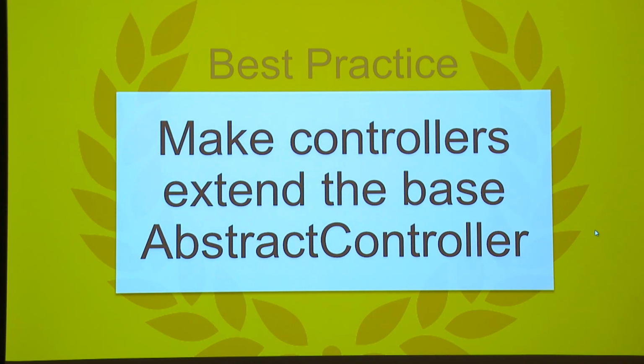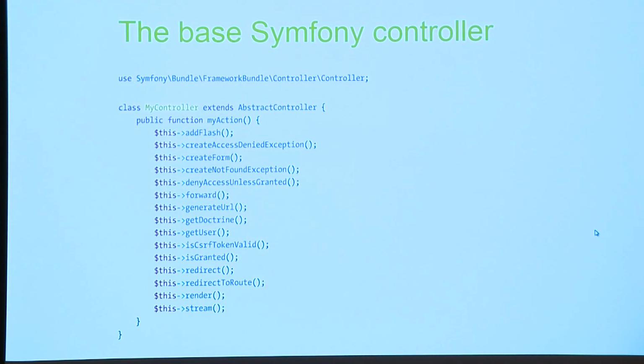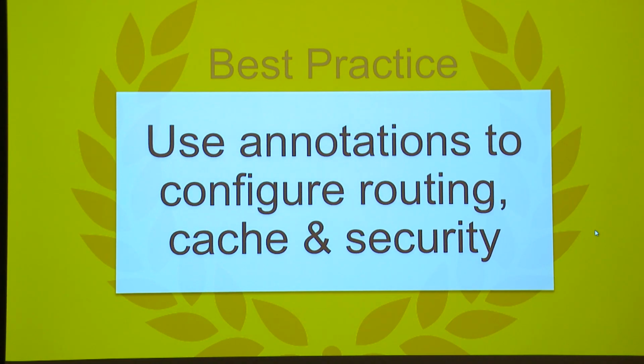Yes, make controller extend the base abstract controller. You know that already. It's going to be the only way and the only provided base controller in Symfony 5 because we deprecated the controller class. So these are the methods that you can use when extending an abstract controller. Use annotation to configure routing, cache, HTTP cache, and security.